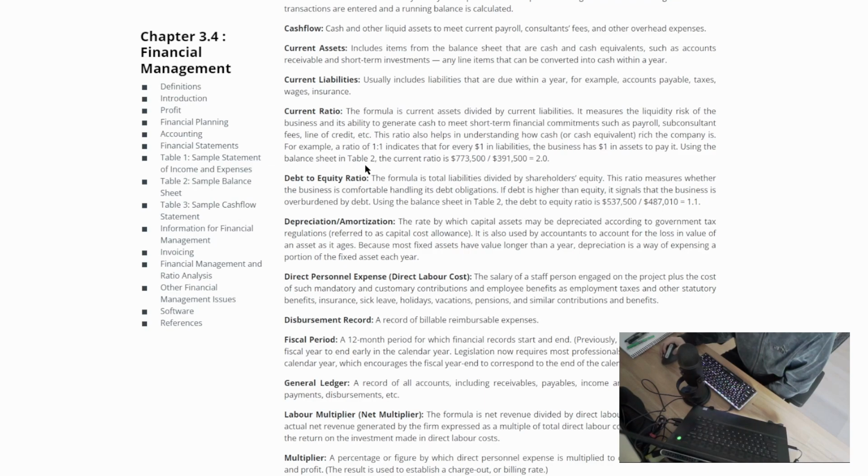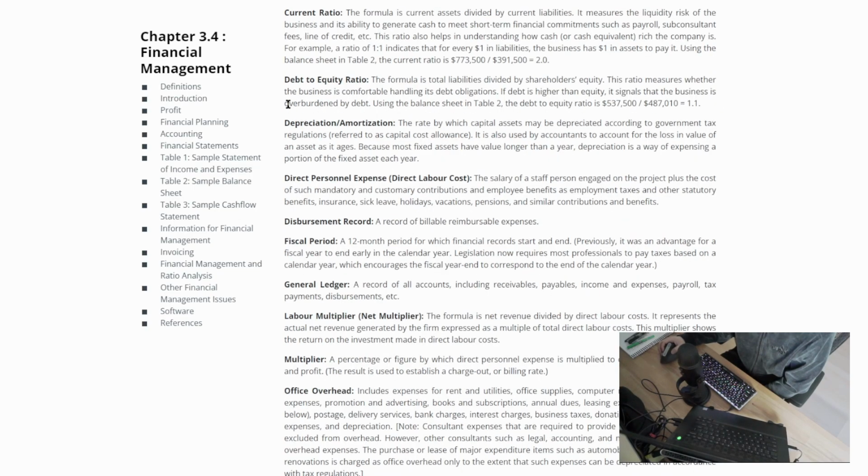Using the balance sheet in Table 2, the current ratio is 773,500 divided by 391,500, which comes to a total of 2.0. Debt to equity ratio. The formula is total liabilities divided by shareholders' equity.